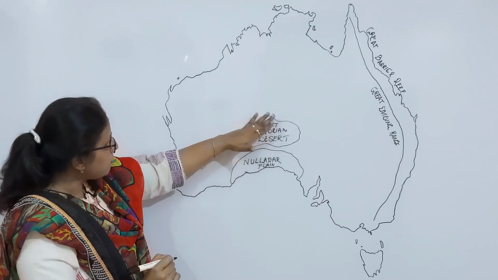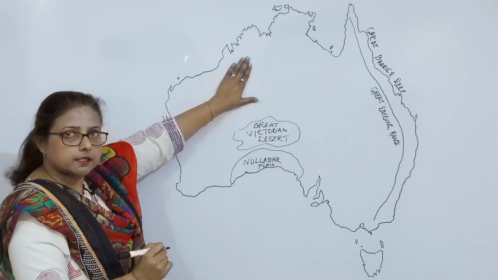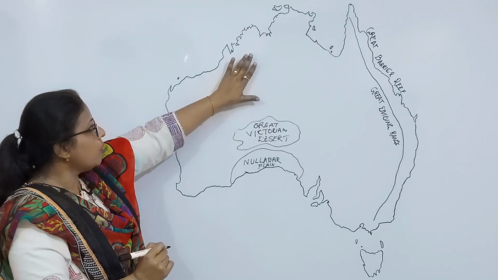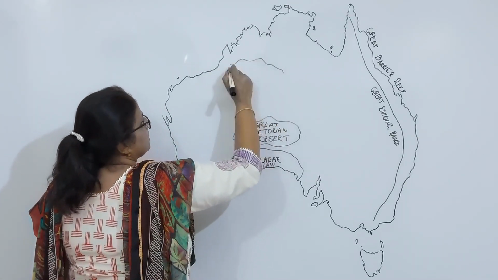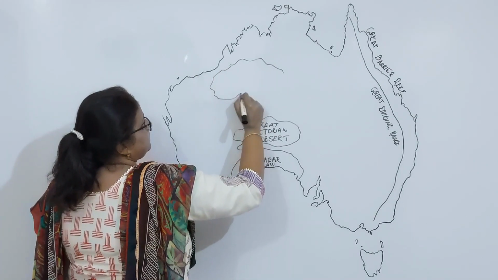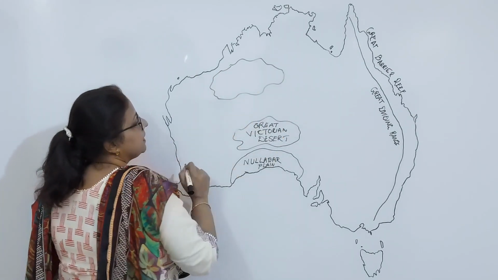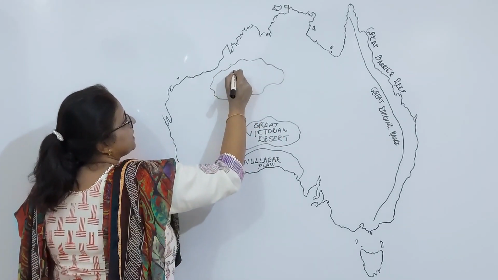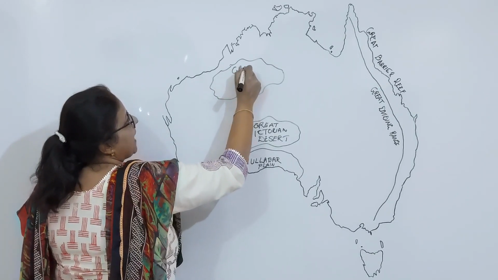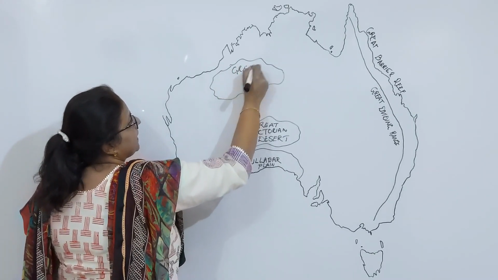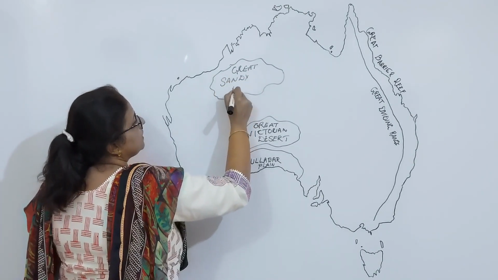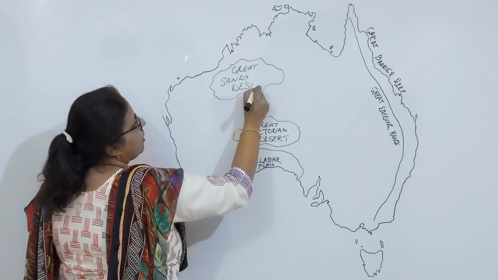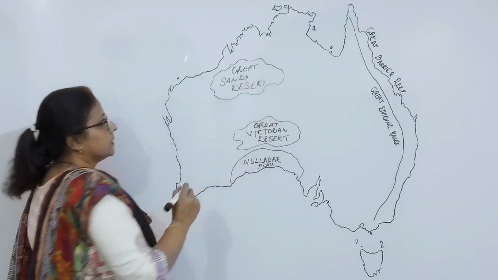Now let us move further towards the northwest. Over here also we have a large desert, and the name of the desert is the Great Sandy Desert. It lies in the northwestern part of Australia.